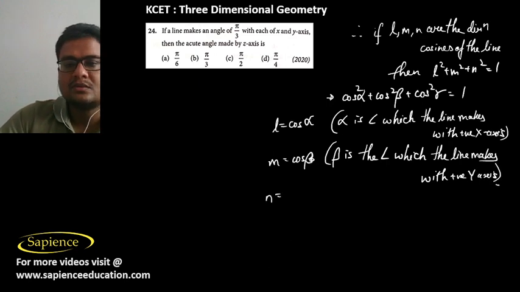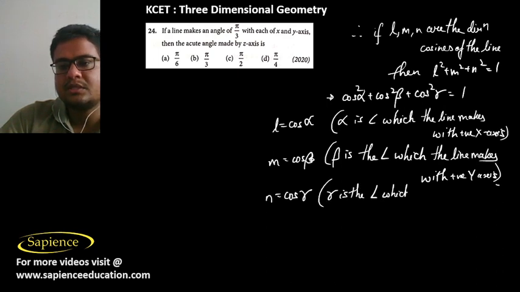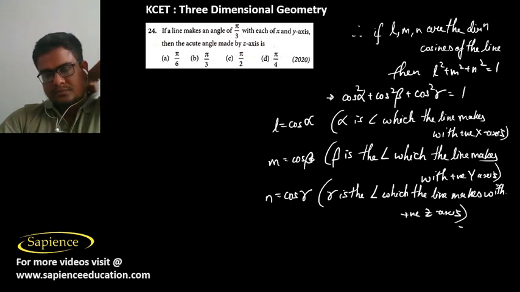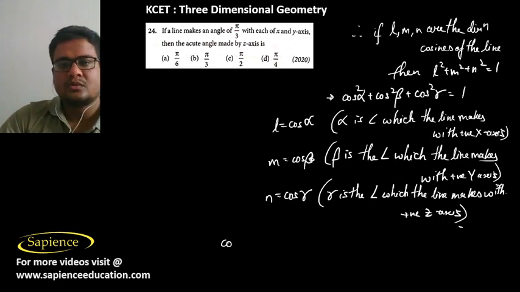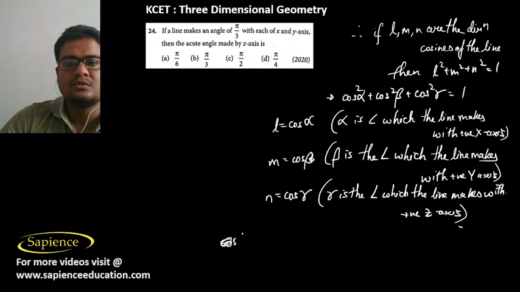And n is cos gamma, where gamma is the angle which the line makes with the positive z-axis. So alpha, beta and gamma are called the direction angles.